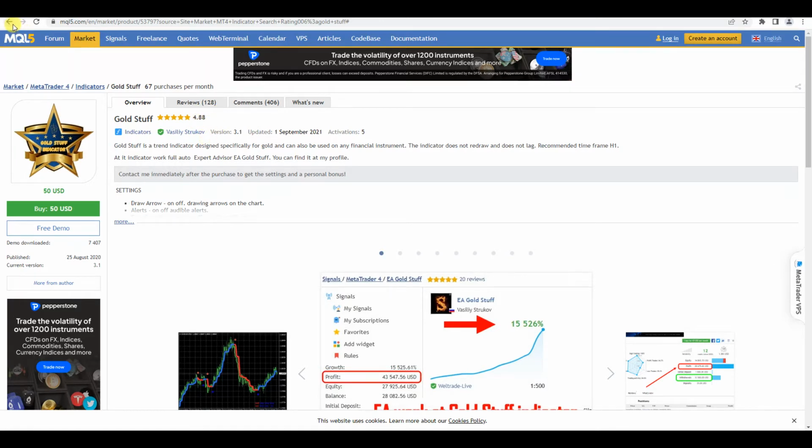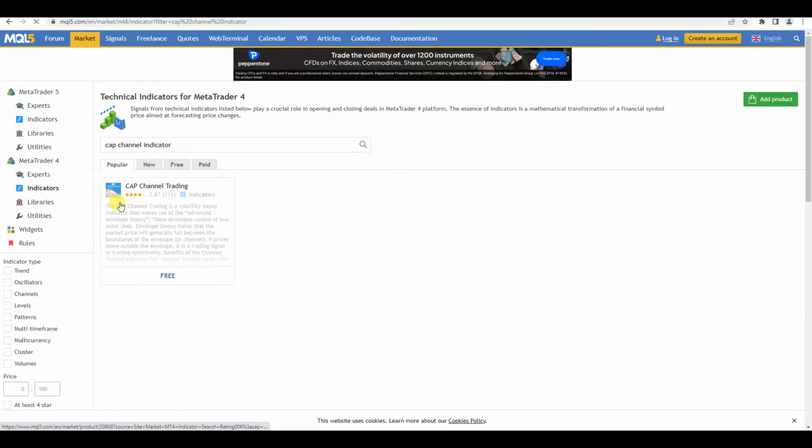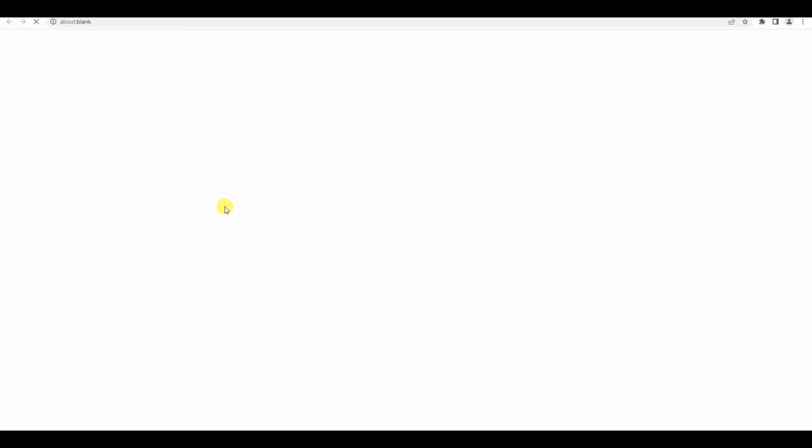The second indicator we will be using in our strategy is this cap channel indicator. I already have a video on cap channel as well. People who didn't understand cap channel will be downloading this indicator.